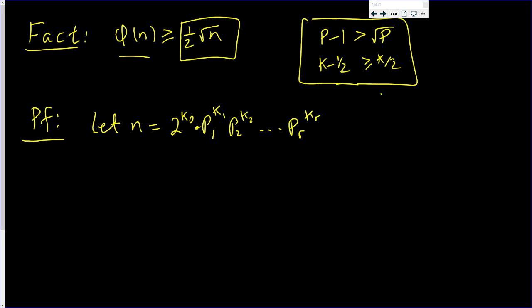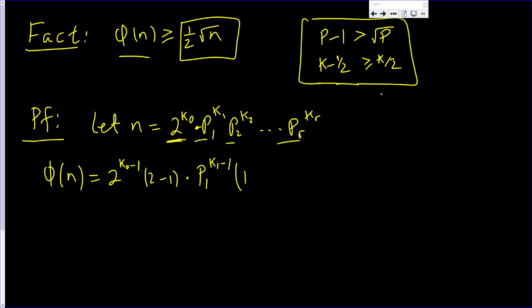Well, since all of these are pairwise relatively prime, phi of n is going to equal 2 to the k sub 0 minus 1 times 2 minus 1, which is 1, p1 to the k1 minus 1 times p1 minus 1.